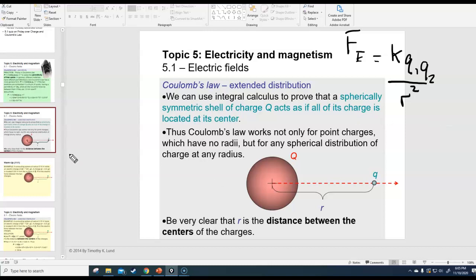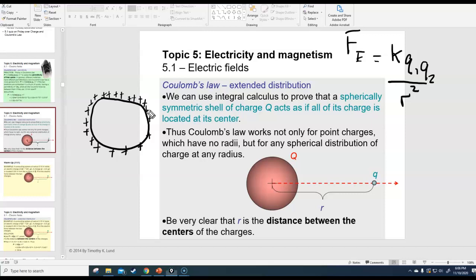If you imagine a perfect sphere that has charge along the outside, let's say positive charge, but it could be negative charge, it doesn't matter. Think of it as having bazillions of different point charges, like billions or trillions of electrons spread out across the surface of the sphere.